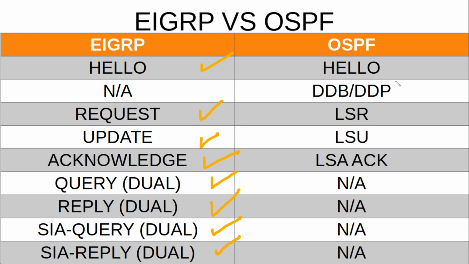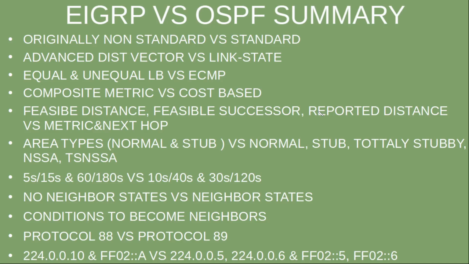Whereas in OSPF, we only have hello, database description, link state request, link state update, and link state acknowledge. This is the summary for the comparison between OSPF and EIGRP. That's it.